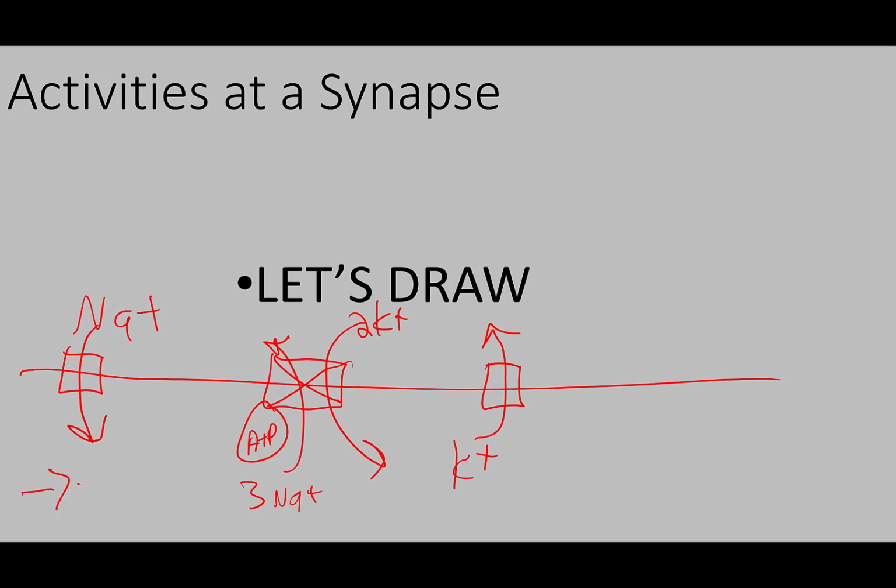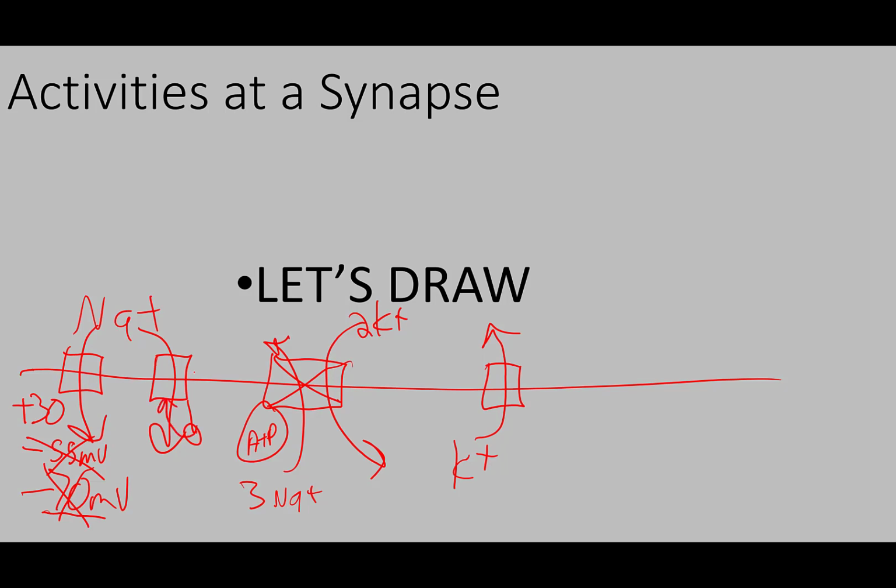At rest, the cell was negative 70 millivolts, but if something caused that negative 70 to start to rise, if we had a bit of depolarization, if that negative 70 became as high as negative 55 millivolts, we called that threshold, and that caused the voltage-gated sodium channel to open, and now sodium can come in. That negative 55 rose very quickly, as high as positive 30.